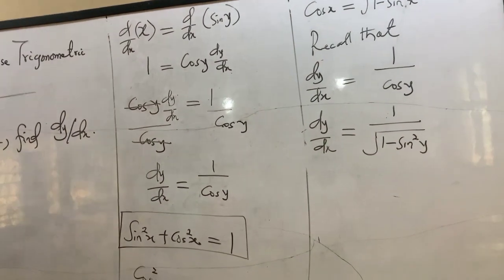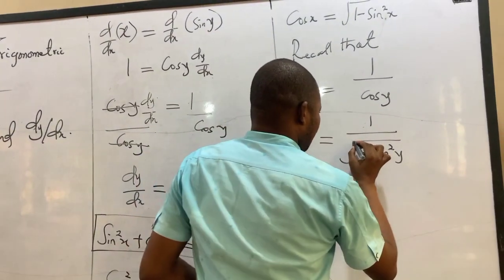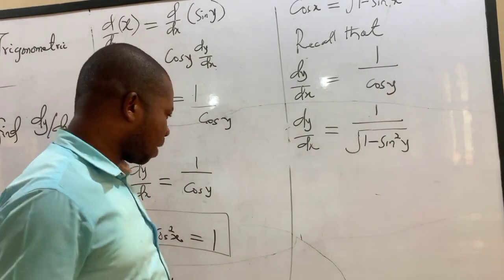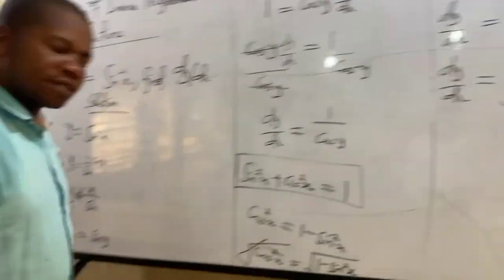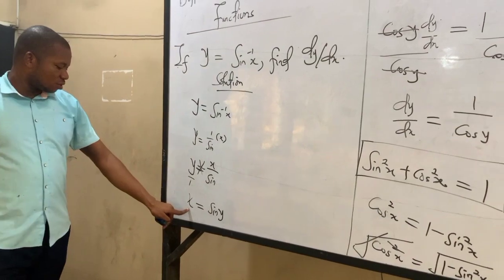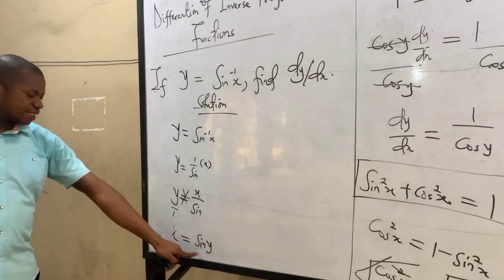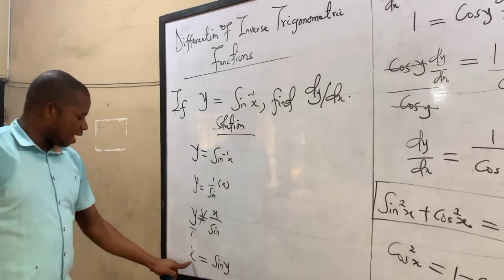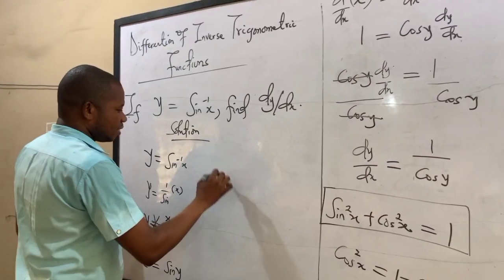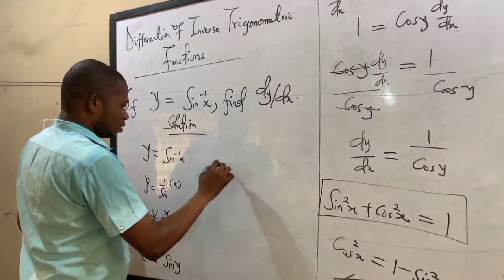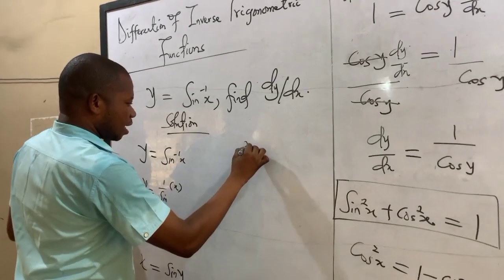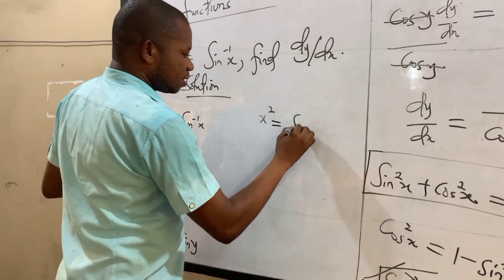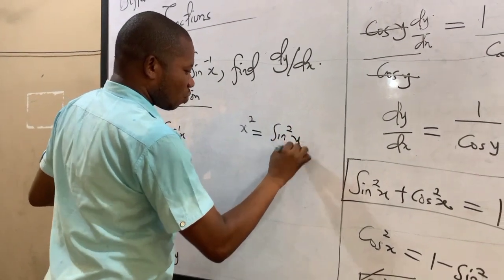Now, it doesn't end here. I'm going to recall something which you must always remember. From this point, we got x to be equal to sine y. What if I was looking for x squared? If x is equal to sine y, then x squared is the square of this, which gives me sine square y.